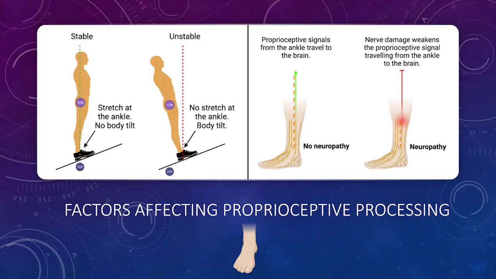And that has a major impact on the risk of falls in the Parkinson's disease population. So 50% of individuals with Parkinson's disease and peripheral neuropathy report having experienced a fall, whereas only 14% of individuals with Parkinson's disease but without peripheral neuropathy report experiencing a fall in the past. So it is a major contributor to falls.